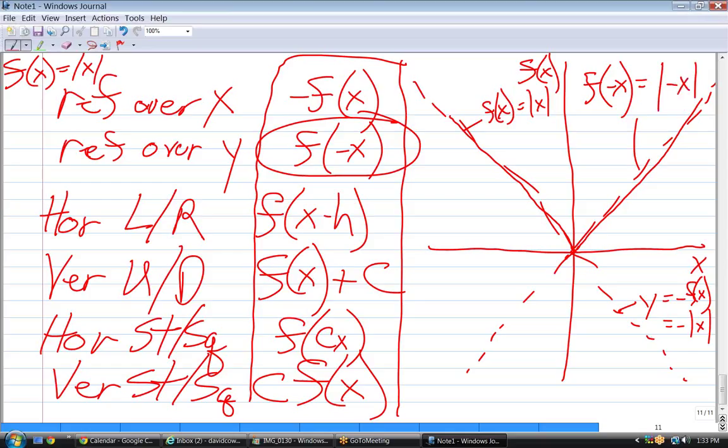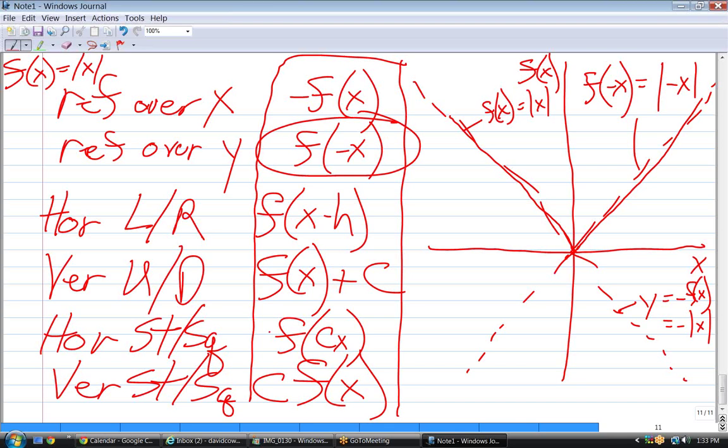That's what it means. In other words, every single one of these things you see over here in my rectangle, we're going to do this process. For the third one, we're going to replace x with x minus h.